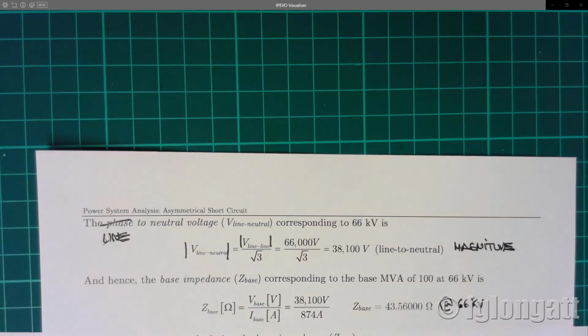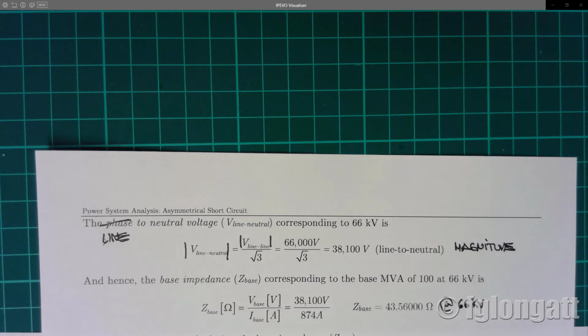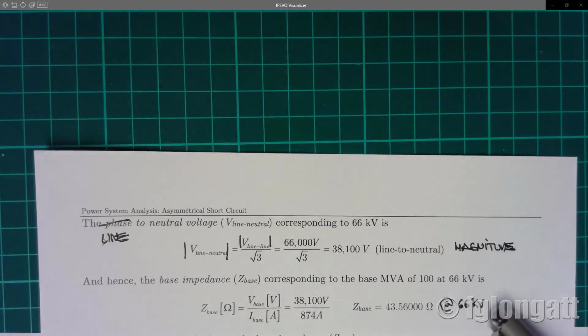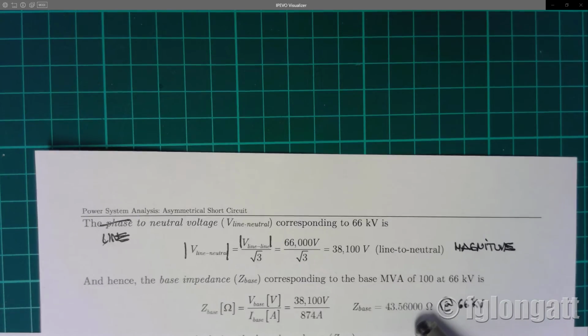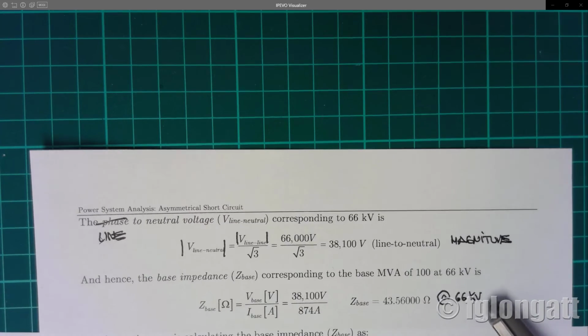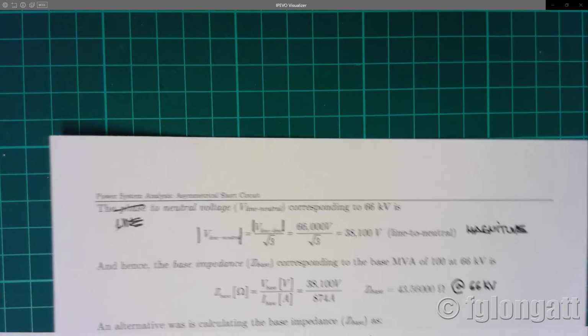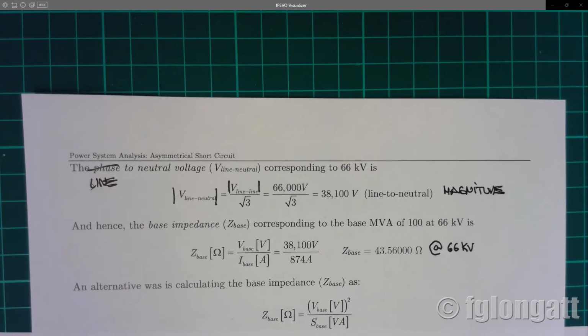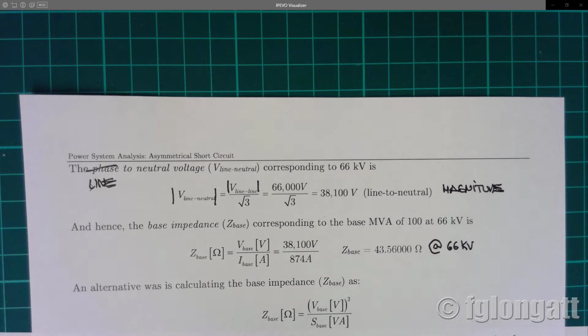This is a very important remark, okay? This small notation over there will help you in the future to avoid mistakes in your calculations, because now you are totally sure that this is the impedance base for this very specific voltage level, okay? My clever students must remember that there is another way to calculate the impedance base.